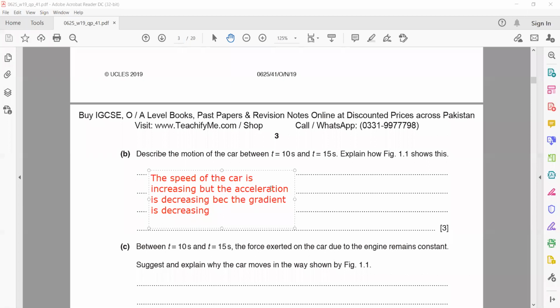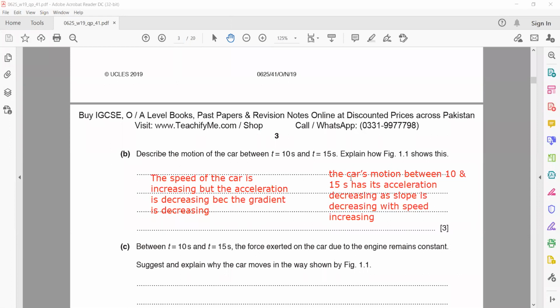Then between 10 second to 15 second, the force exerted on the car due to the engine remains constant. Suggest and explain why the car moves in this way. So from 10 second to 15 second, the force exerted by the engine is constant.